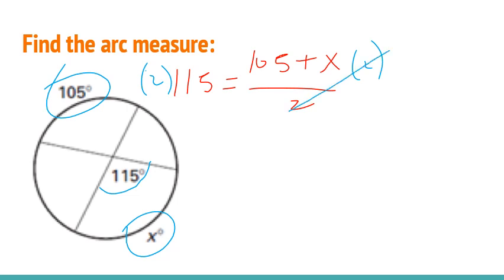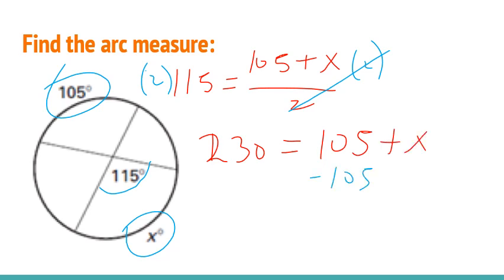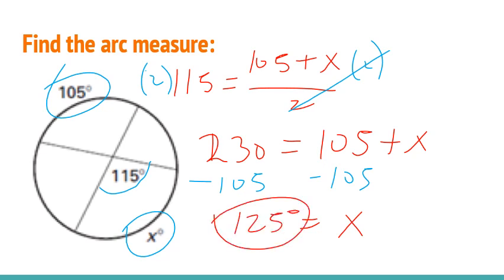That'll get rid of our fraction. 2 times 115, that's going to be 230 equals 105 plus x. And then if we subtract 105 from both sides, we're going to get x equal to 230 minus 105. That's going to be 125 degrees.